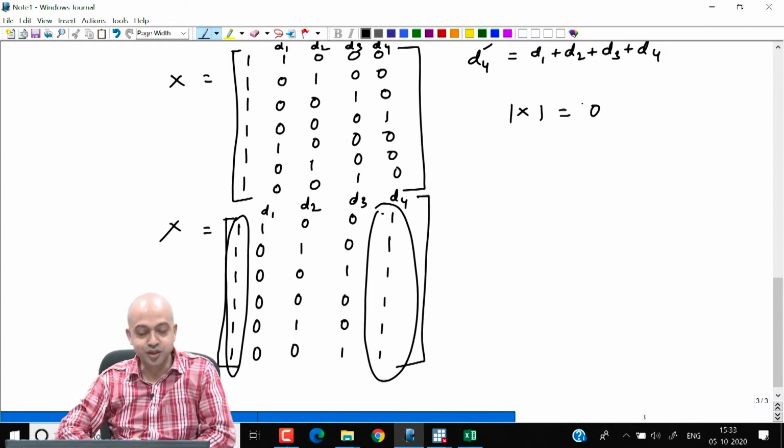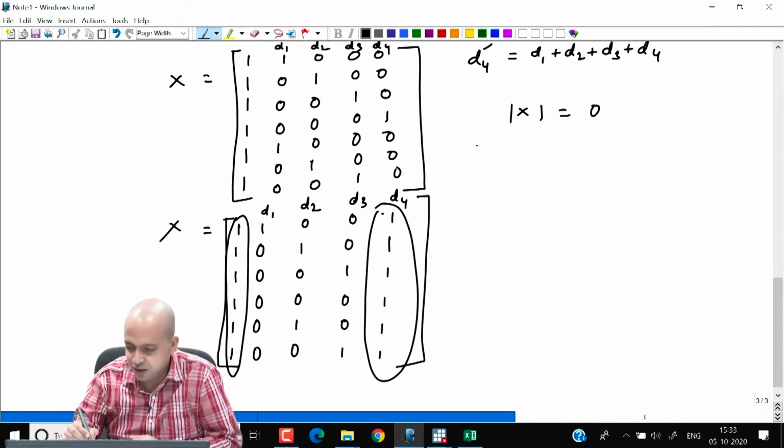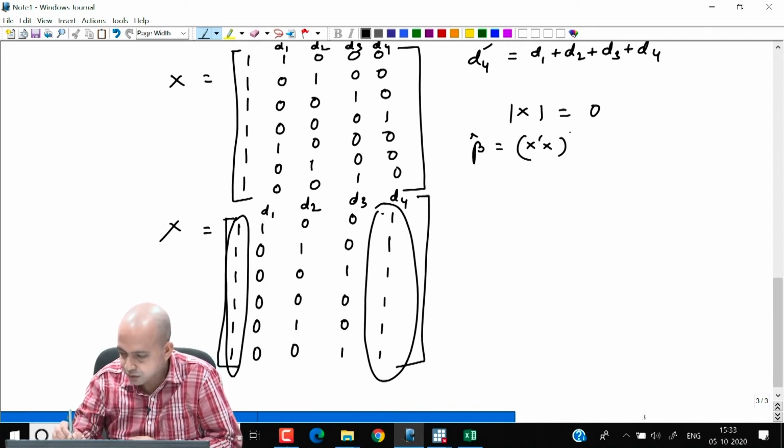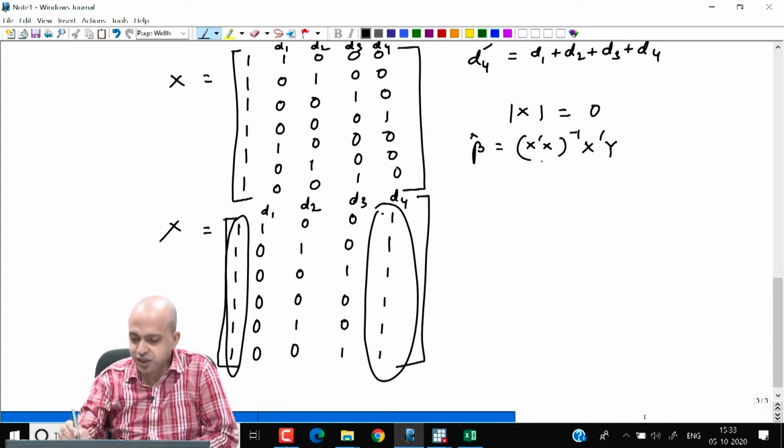Now if the determinant becomes 0, how have we defined our beta hat? It is X prime X inverse X prime y, right? For this to exist, the inverse of this matrix should exist.